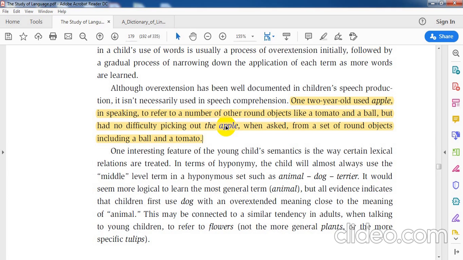When he or she is asked to pick up one of these objects, that child is going to be able to determine what that object is in terms of its shape. But in terms of the usage, or let's say the vocabulary, maybe that child uses just one word to refer to different objects.